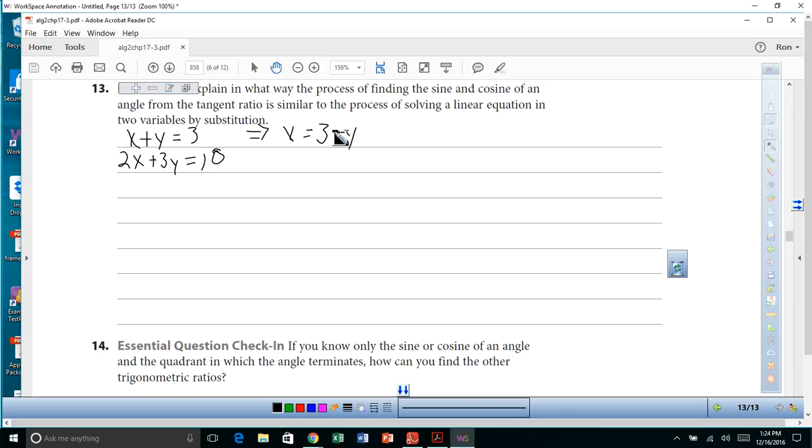And then we would substitute that in, 3 minus y plus 3y equals 10. Then we could solve for y. And once we got our y, we would go back up into our original equation and solve for x. We've done this before. We're just doing the same thing with sine and cosine.